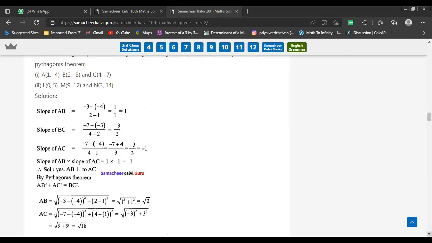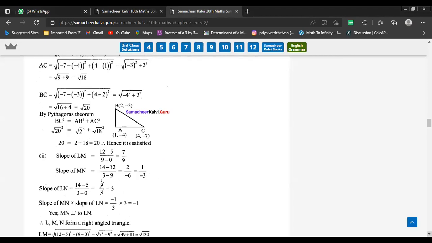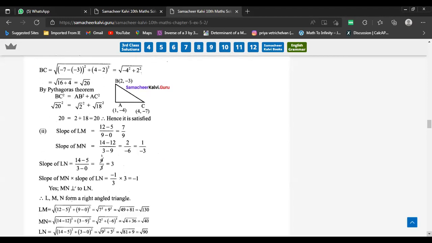What are the slopes? Slopes I got as 9/7, minus 3 and 3, 9/7.